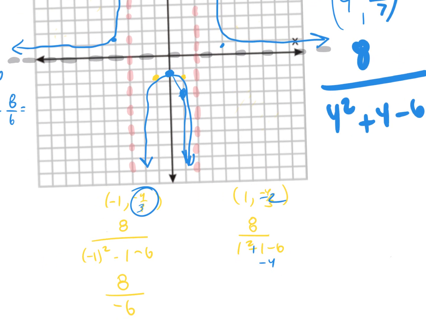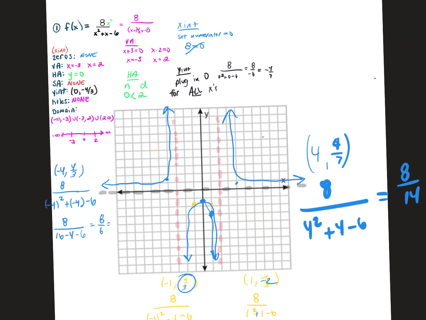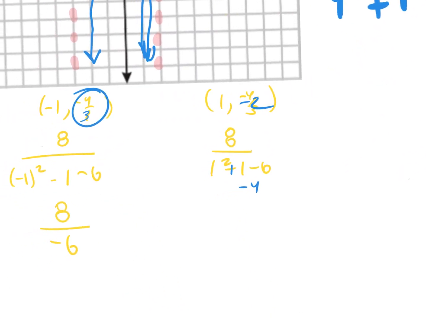You've got to know the general areas. It's below the horizontal asymptote, so you know it's going to exist there. But you're right. I wrote that because it was negative. This should be 1 plus 1 minus 6. So it's 8 over -4, which is -2. Thank you, ma'am.